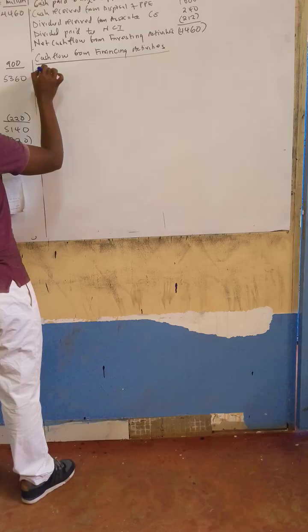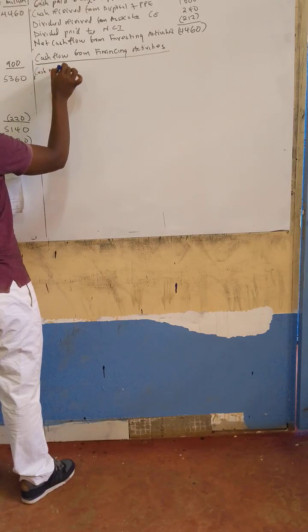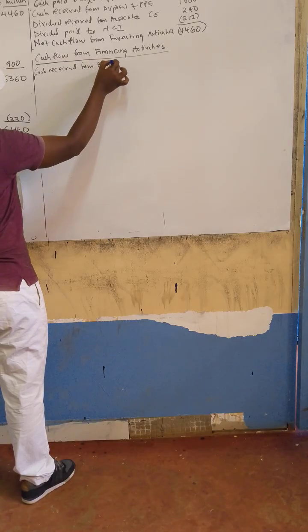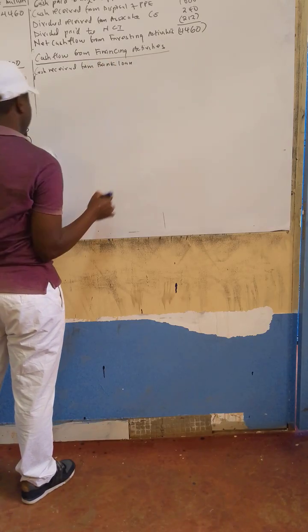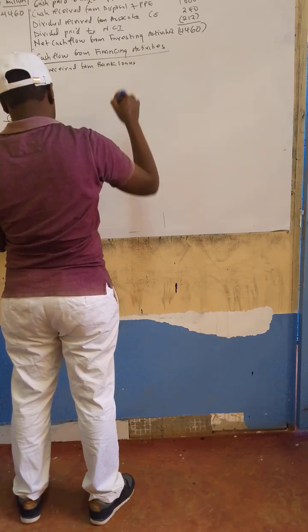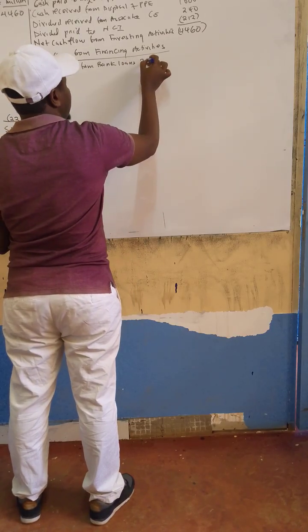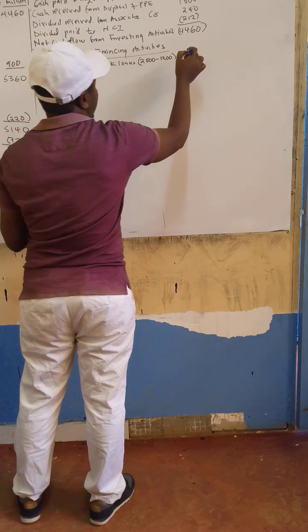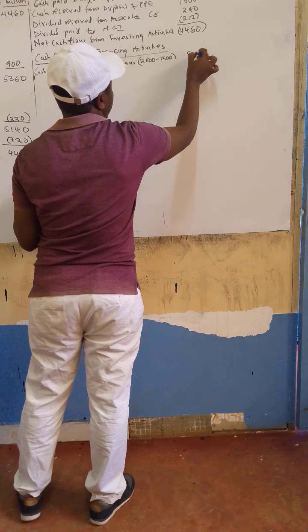So cash received from bank loan. Of course, you can just look at it. It was 2000 minus 1200. So some cash came in, which is 800.